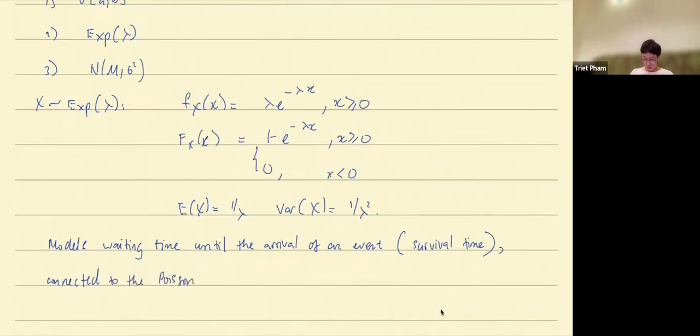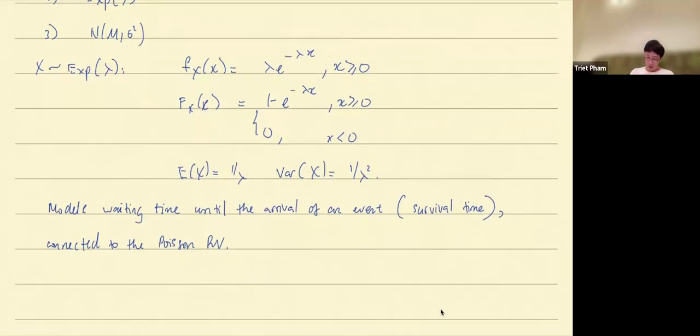In fact, we mentioned last time that if you have Poisson lambda as the number of events within a time window, then the inter-arrival times, the time between events, are exponentials lambda. You should remember that if you use exponential as the model for your time, there are two things.